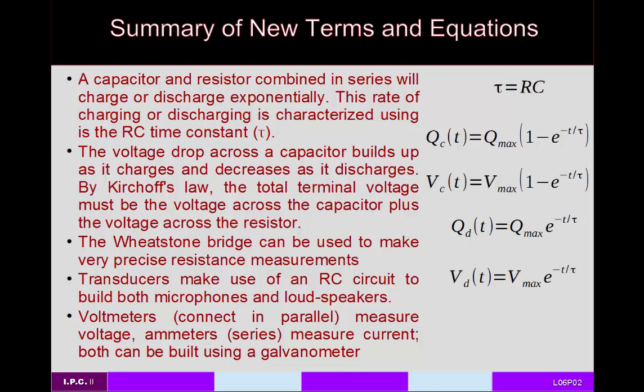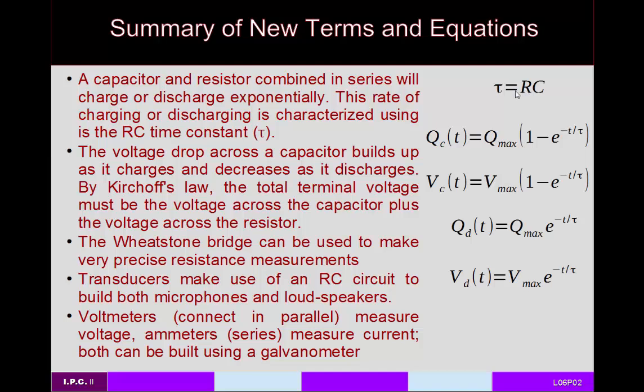Alright, so the main new thing that we've done is basically looked at what happens when you charge or discharge a capacitor through a resistor. Most of the other stuff that we've done has been simple applications or maybe complex applications of just the DC circuits that we've already looked at. So there's not a whole lot of new terms.